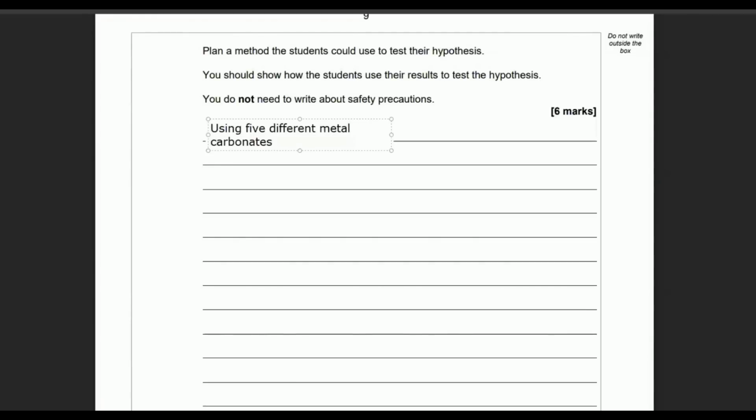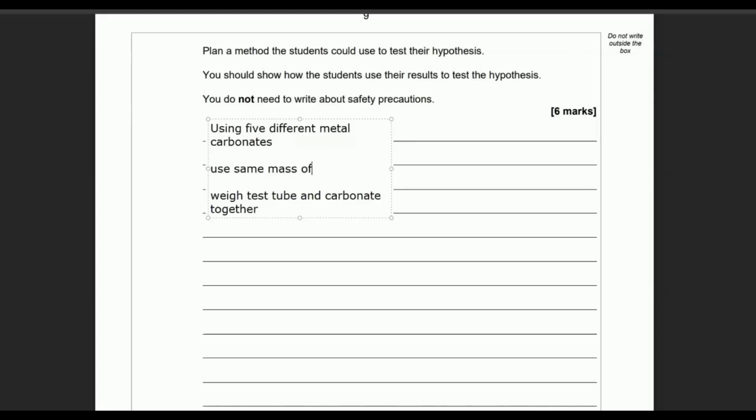What do we want to do? First of all, use the same mass of metal carbonate for each experiment.